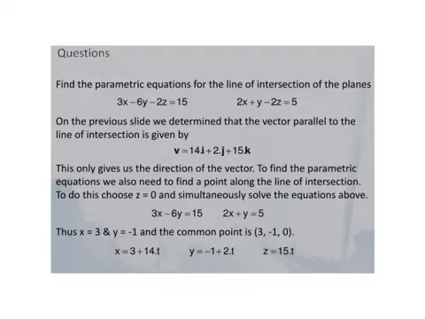So the common point of these planes is (3, -1, 0), and the parametric equations are x = 3 + 14t, y = -1 + 2t, and z = 15t.